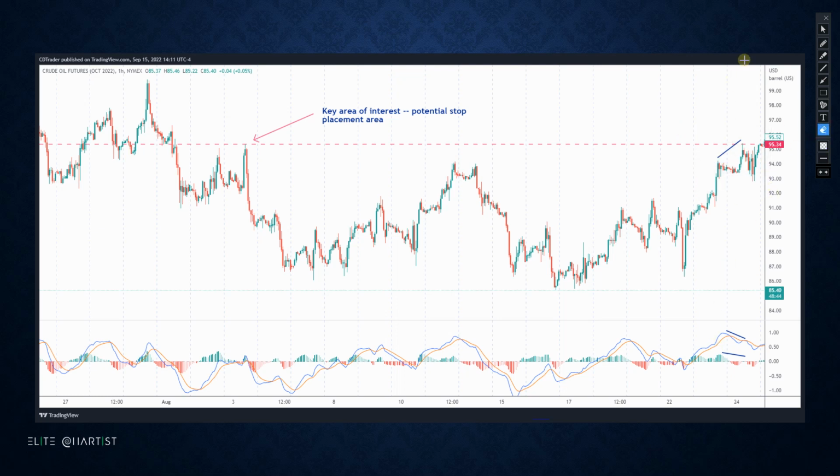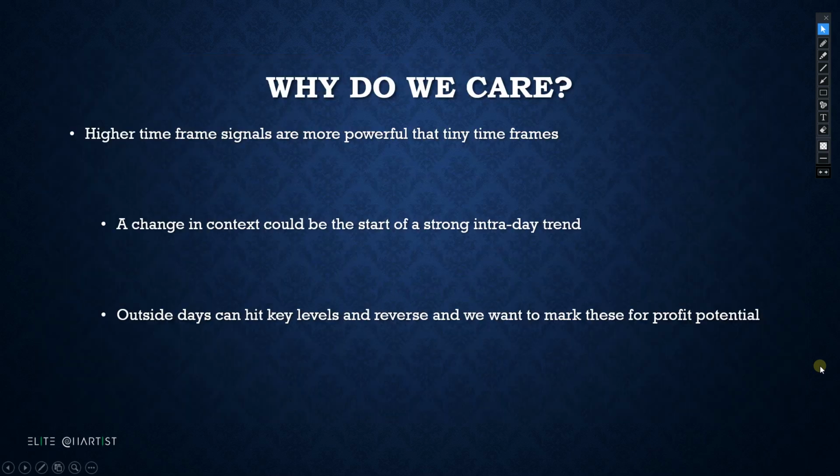Okay, so moving on, why do we care? At the end of the day, the higher time frame signals are much more powerful than tiny time frames. I don't know if you've had this problem, I have, where you can really get stuck on your small time frame.